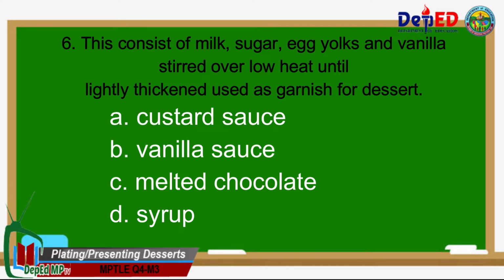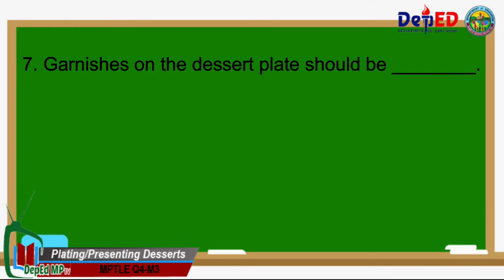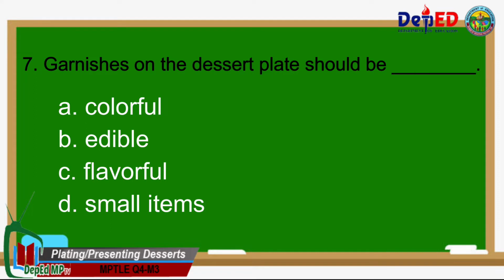The correct answer is letter A. Custard sauce. Number 7. Garnishes on the dessert plate should be blank. A. Colorful. B. Edible. C. Flavorful. And D. Small items. The correct answer is letter B.